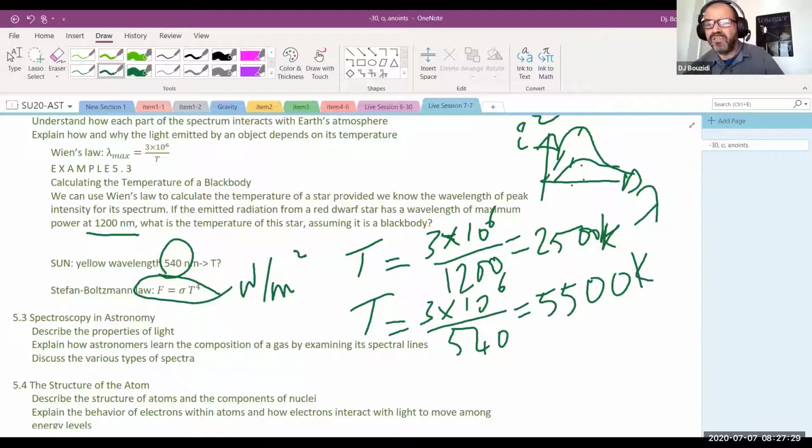And actually, it's a fourth power law. It's T to the power 4. Man, it's far greater. For example, the difference between 5,500 Kelvin and 11,000 Kelvin, which is just double this number, is that the power output is 16 times more between these two stars.